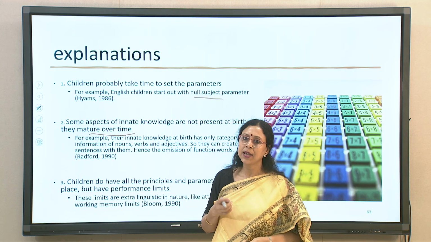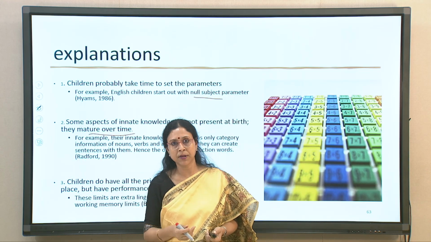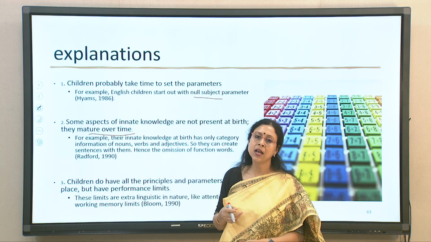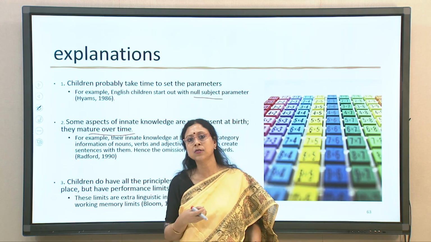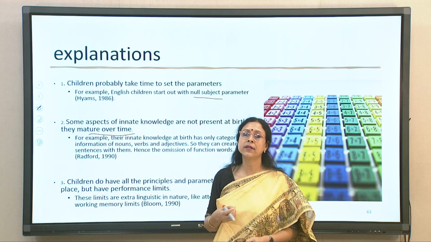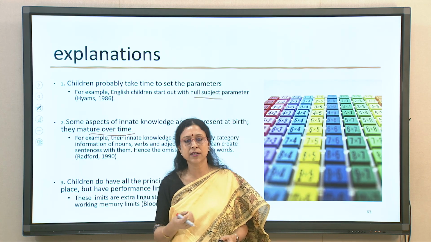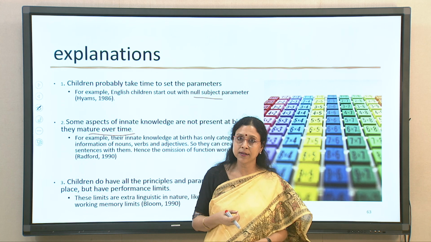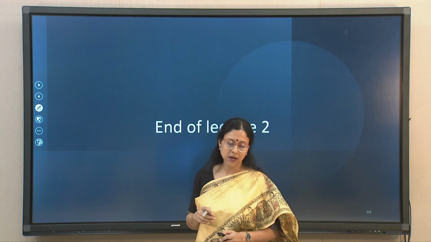The third one says that it is all there, but the problem is performance limitations, which is not dependent on linguistic capability per se, but is non-linguistic in nature. For example, limitations of working memory, limitations of attention span and so on. Of course, small children have very short attention span, so that could be one reason as to why they make these mistakes. So, this is where we complete this lecture.